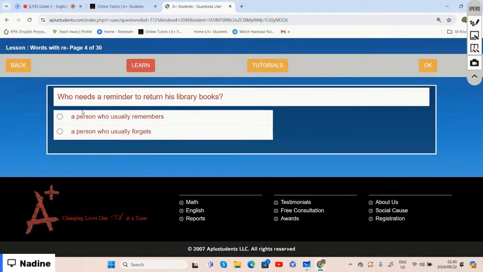All right, and then the last one says, who needs a reminder to return his library books? Is it a person who usually remembers or a person who usually forgets? A reminder.